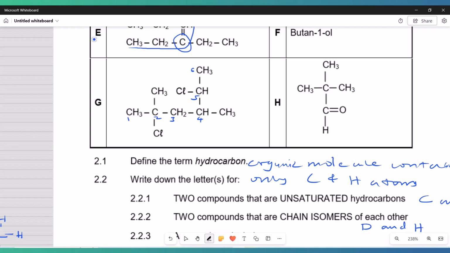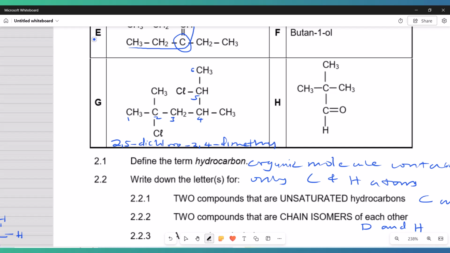The chlorines. So I'm going to say 2,5-dichloro. And then what about the methyls? 2,4-dimethyl.